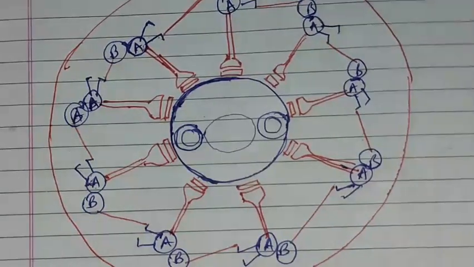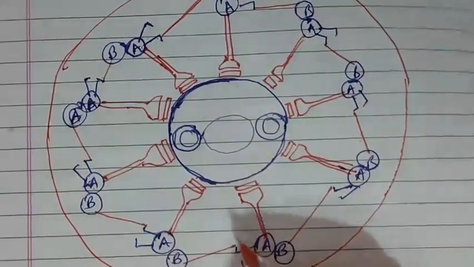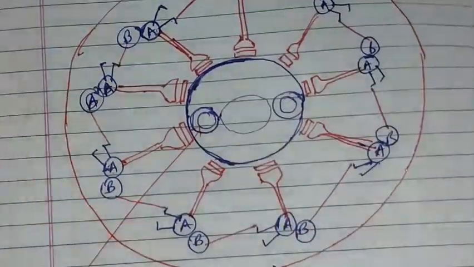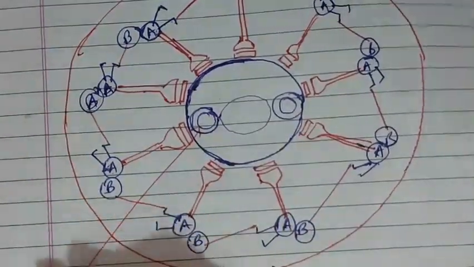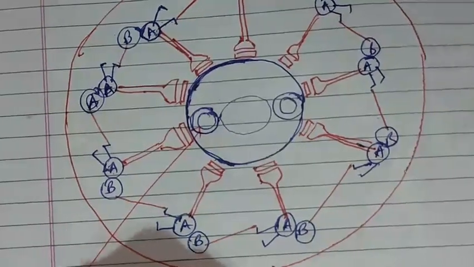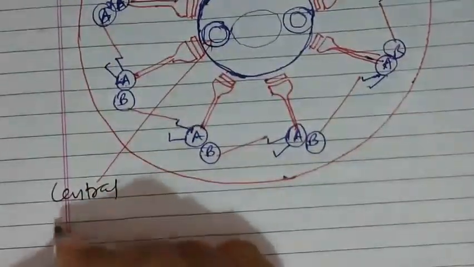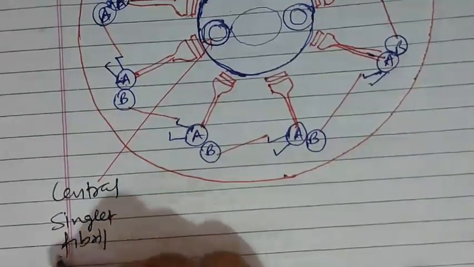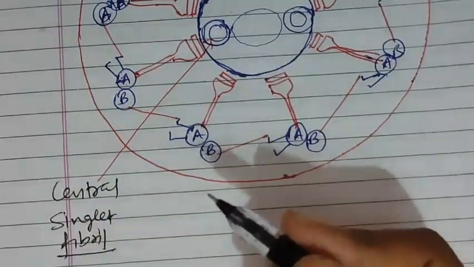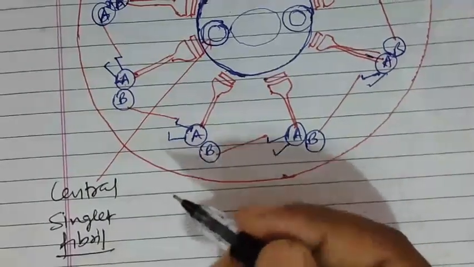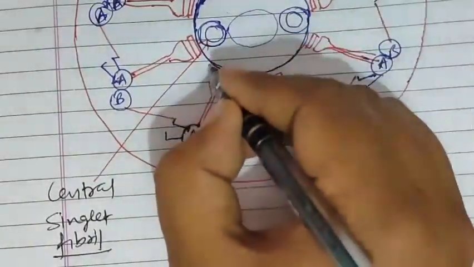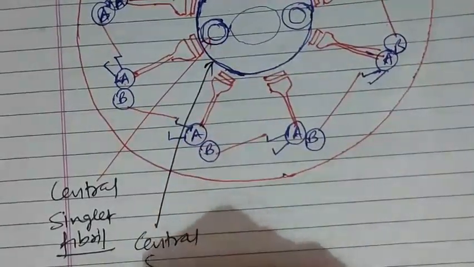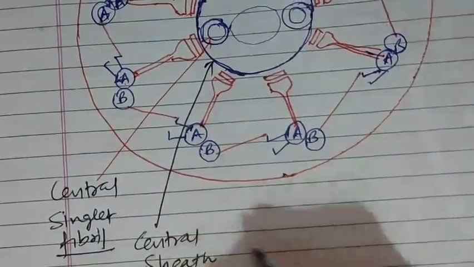So here if we label this, we find that these are the central singlet fibrils. Then these singlet fibrils are covered by the central sheath.